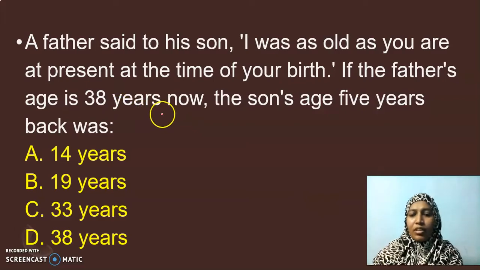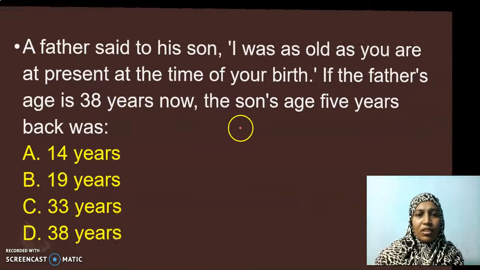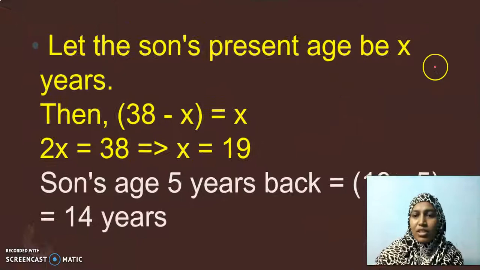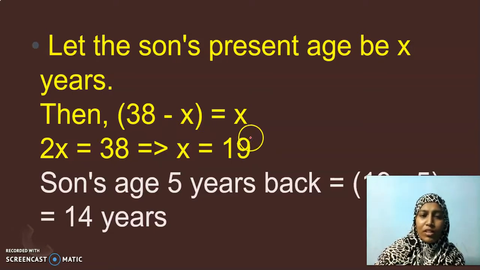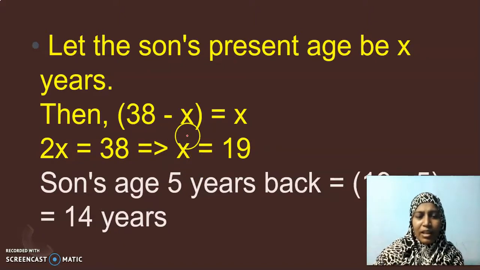Okay. Shall we discuss? Here, the son's present age be x. Then the father's present age is given now, so 38 minus x is equal to x. From this, we can find the present age of the son. It's a very simple calculation.